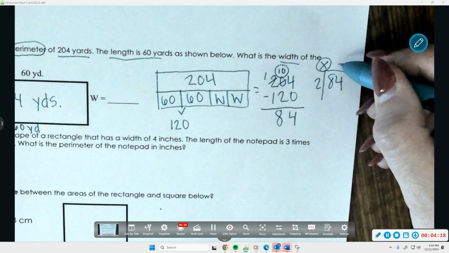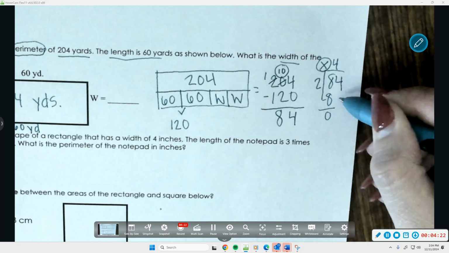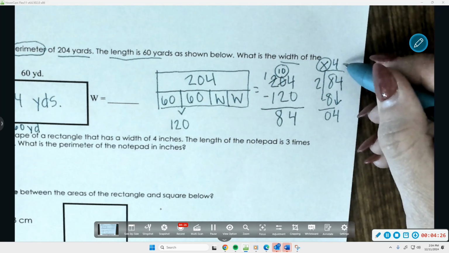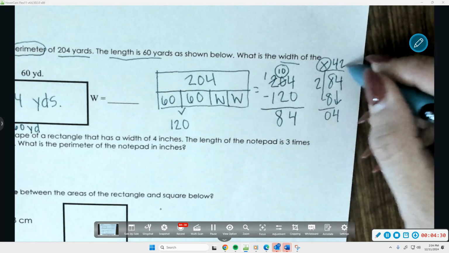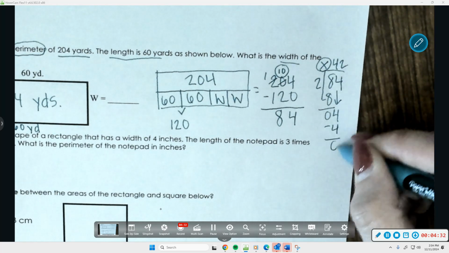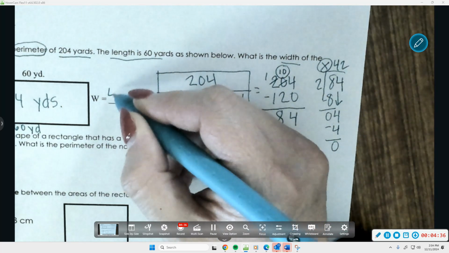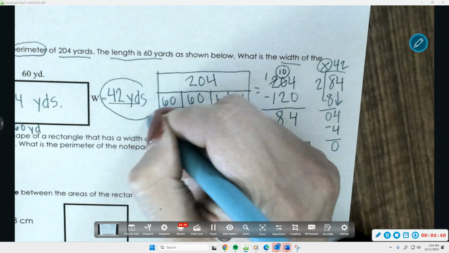So 2 goes into 8. I know it goes in 4 times, right? If I bring down the 4, 2 goes into 4 2 times. And what am I left with? 42. So the width is 42 yards.